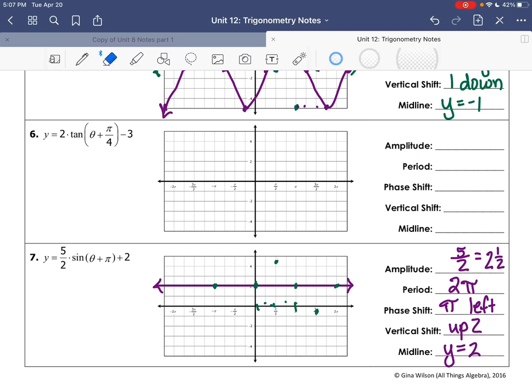So instead of having the next point right here at 2.5 above the line, we're going to have to go 2.5 below the line and get rid of this guy. That's going to change everything. The one that's 2.5 above the line is at negative pi over 2.